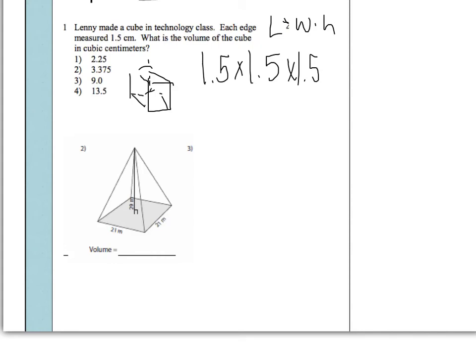Remember, the formula is just length times width times height. So we plug in for length, width, and height, which is 1.5, 1.5, and 1.5. So we multiply that all together, and I get 3.375. And remember, it needs to be in cubic centimeters, which means centimeters cubed.